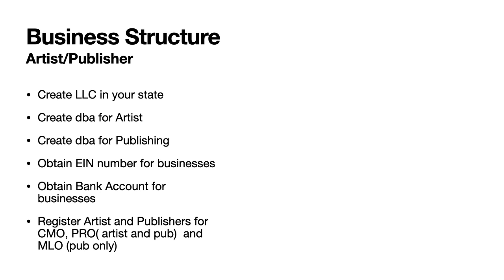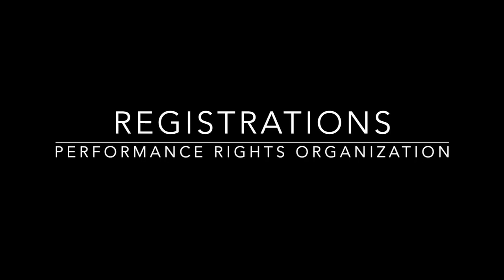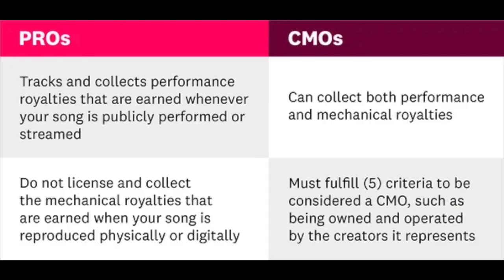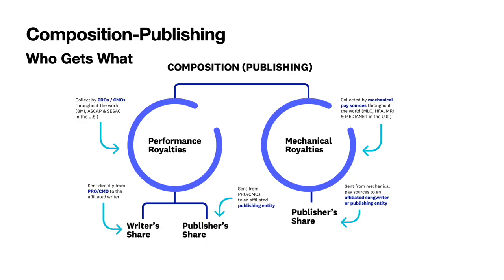Once the companies are established, we're ready for the first round of registrations. These registrations start at the PRO and the CMO. The PRO is a performance rights organization such as BMI and ASCAP. The CMO is a collective management organization. All right. PROs track and collect performance royalties that are earned whenever your song is publicly performed or streamed.